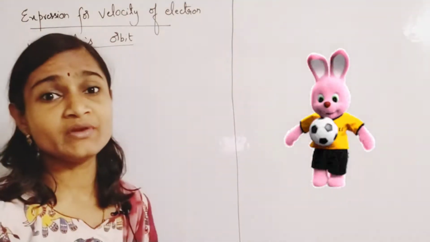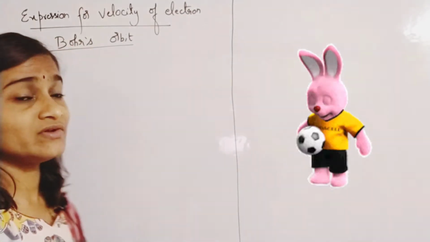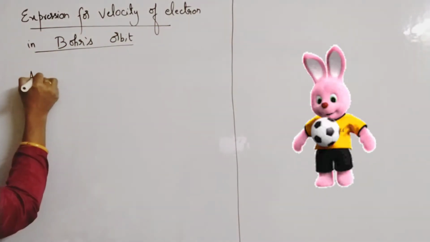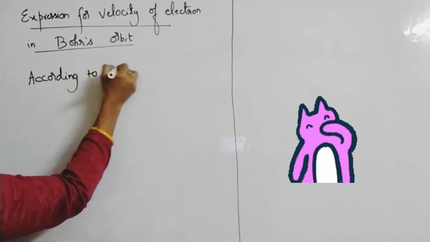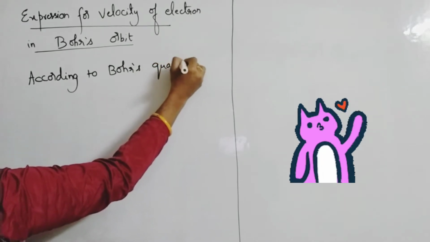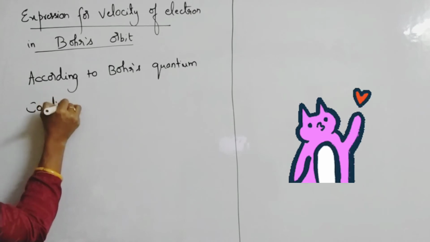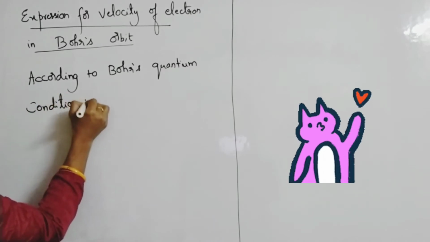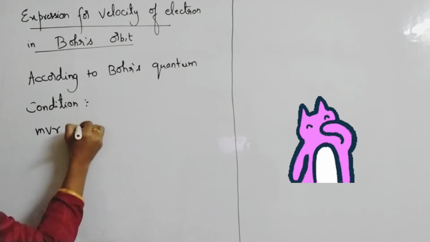I think you all remember what Bohr's quantum condition is. According to Bohr's quantum condition, mvr is equal to nh by 2 pi.